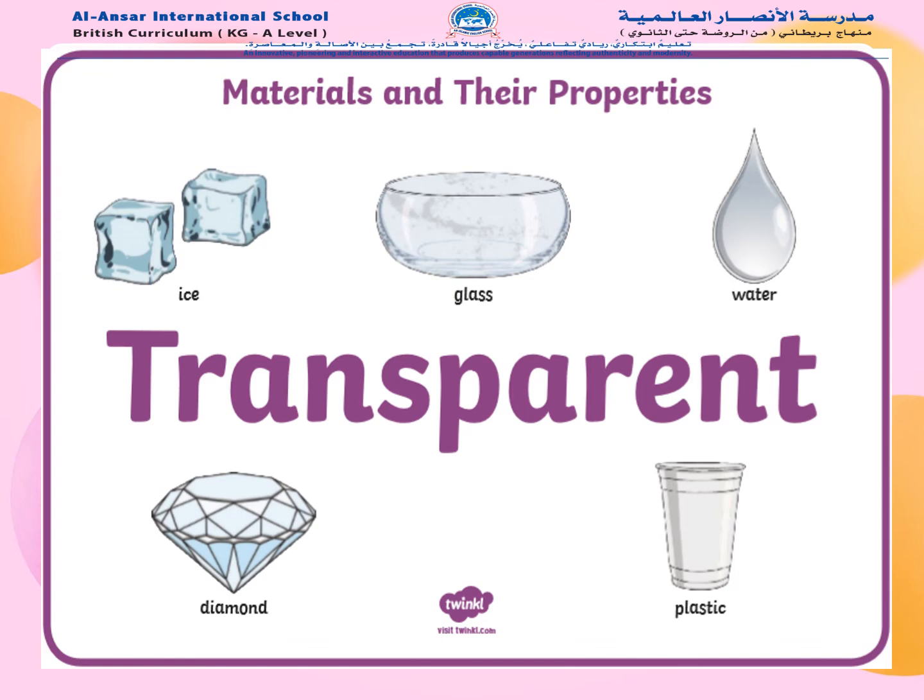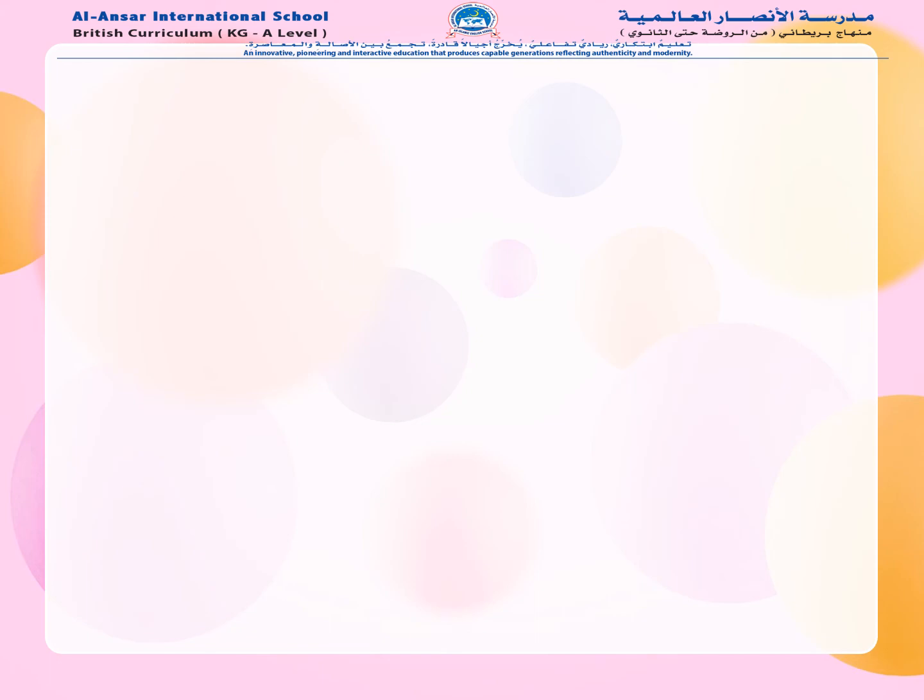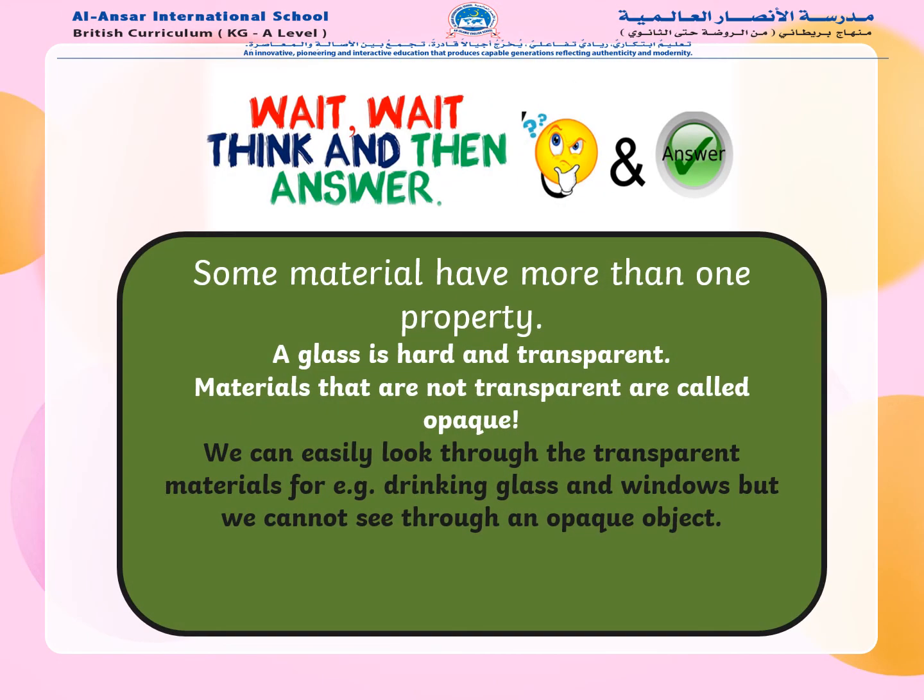Next property we have here is transparent. But how we can know some things are transparent? A glass is hard, but yet it's transparent. So see learners, some materials have more than one property. Just like glass. It is transparent, you can look through it, but at the same time, it is hard and we cannot turn it or twist it or roll it.